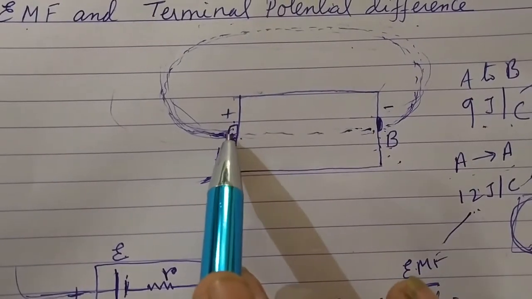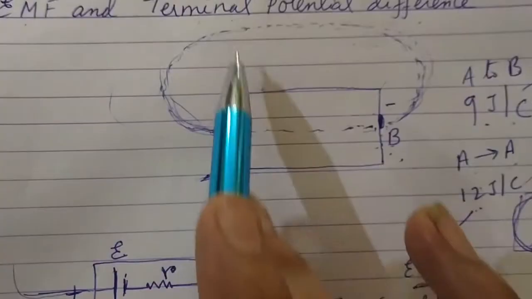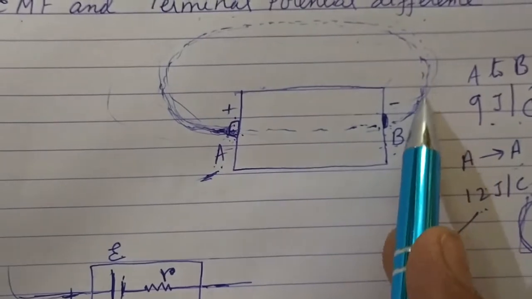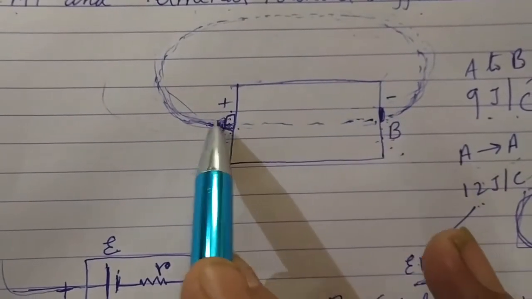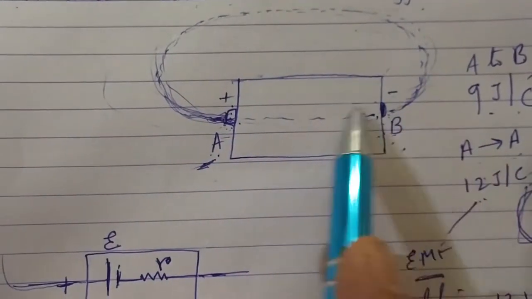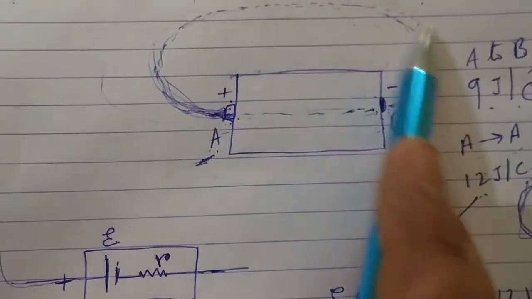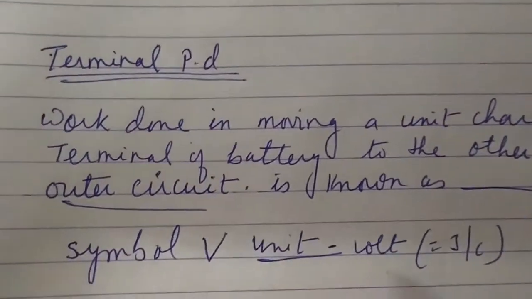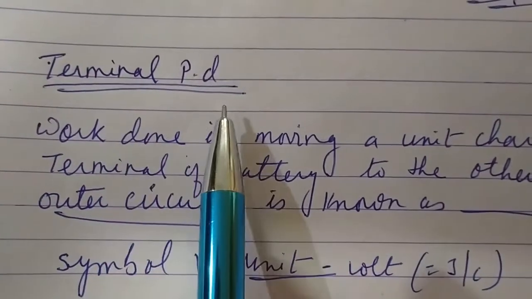So terminal potential, amount of work done to move a charge from one terminal to another in the outer circuit, not the internal circuit. So now what is the definition of terminal potential difference?